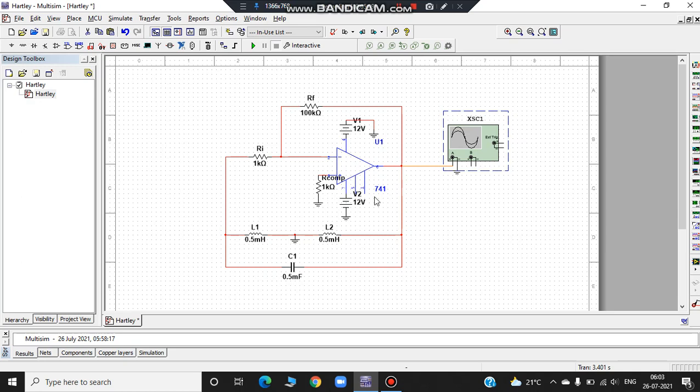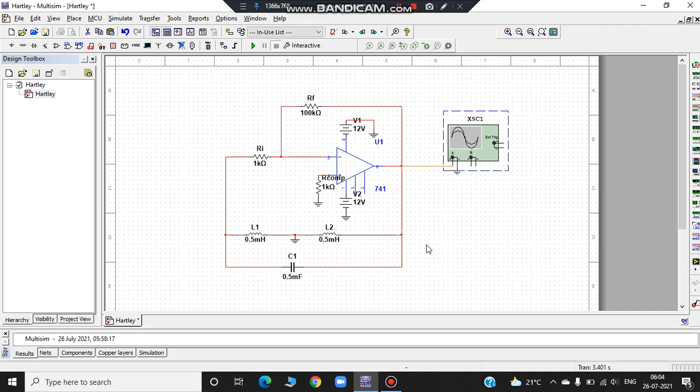So it's L1 plus L2. When we put the frequency value, that is 200 hertz, and the fixed capacitor value, that is 0.5 millifarad, into the equation, we'll get L value as 1 millihenry.